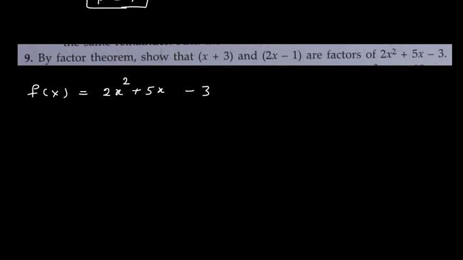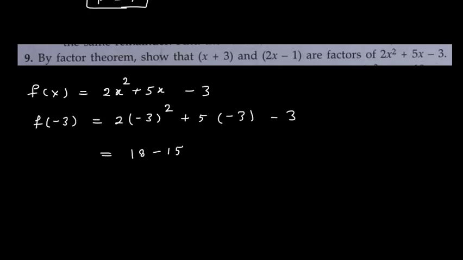So what I will do? I will find f of minus 3. So this f of minus 3 is 2 into minus 3 square plus 5 into minus 3 minus 3. So this will become 3 threes are 9, 9 twos are 18, this value is 18, minus this value is 15, minus this value is 3. So this becomes 18 minus 18, and 18 minus 18 is 0.